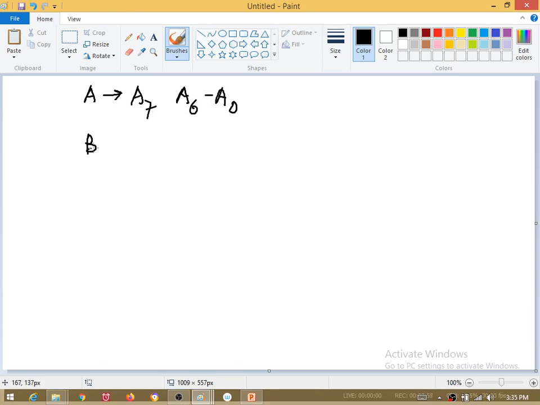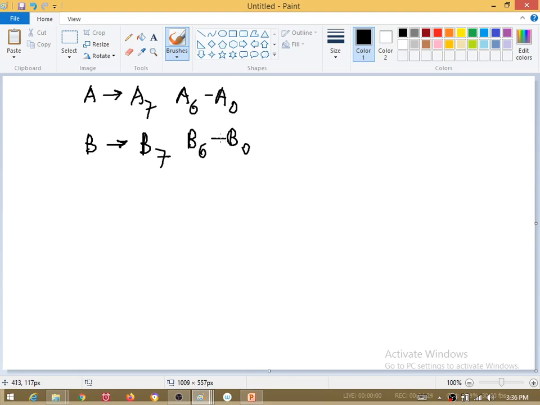Similarly, I have operand B, which has B7 and B6 to B0. So I have two numbers or two operands A and B. So why I wrote A7 and B7 separately?